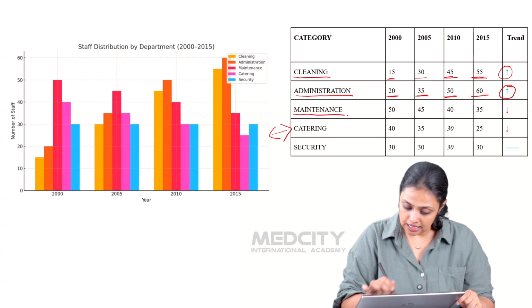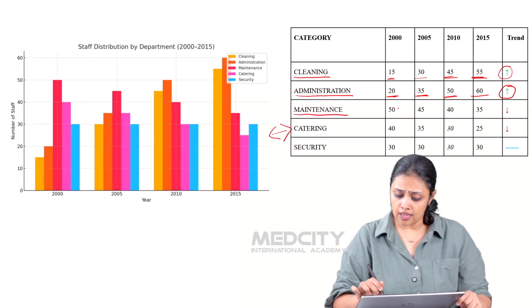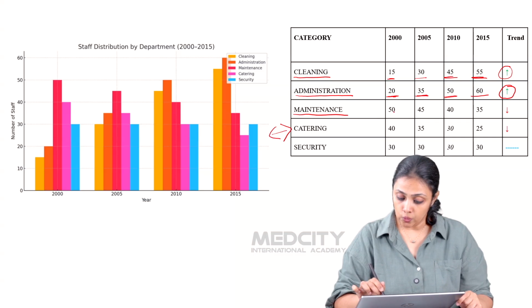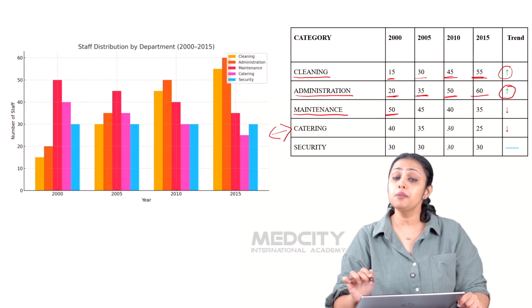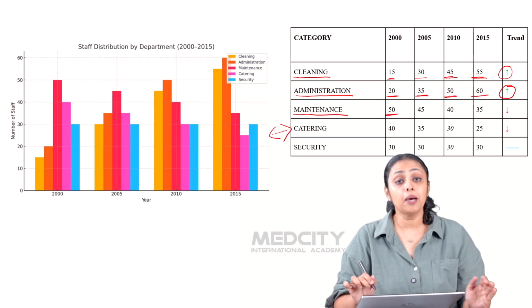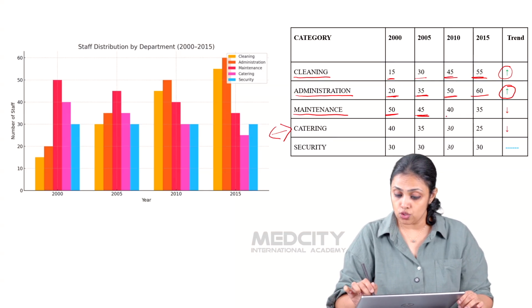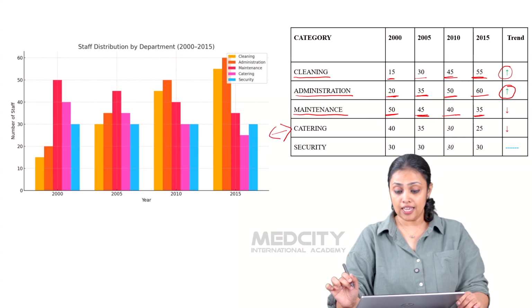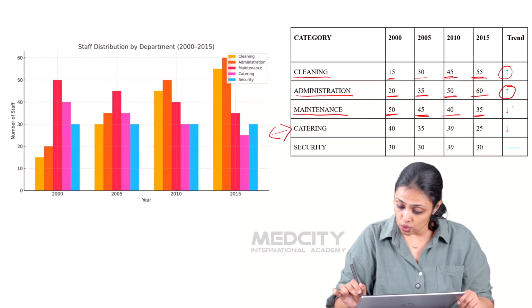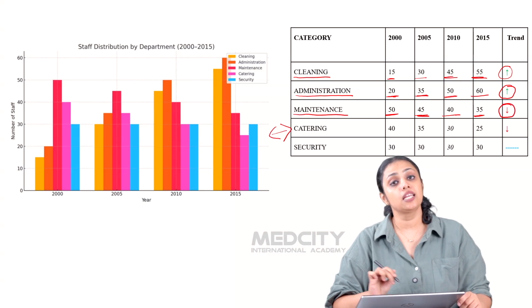Now let's see the maintenance staff. The number of maintenance staff started off with 50 in the year 2000, but in 2005 the number reduced to 45, further reduced to 40 in 2010, and finally dropped to 35 in the year 2015. So it exhibits a decreasing trend.